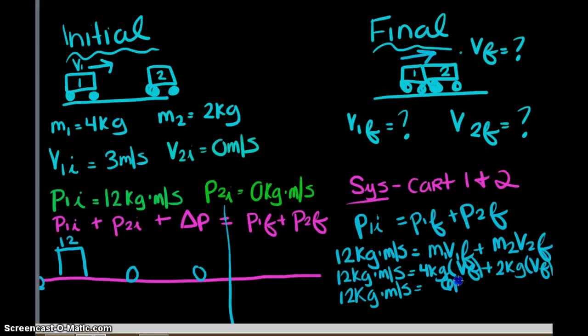So I end up with 6 kilograms times V final. I want V final by itself, so I'm going to divide both sides by 6 kilograms. 12 kilograms times meter per second divided by 6 kilograms. The kilograms cancel, leaving you with 2 meters per second equal to the V final.